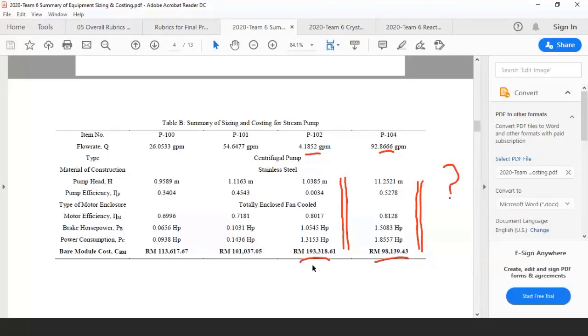Kenapa? Sebab dia punya pump efficiency tu yang P102 tu rendah. Jadi dia effect dia punya harga. So maksudnya pump 0.034 efficiency tu lagi sebab flow rate dia kan rendah. So efficiency tu lagi tak bagus ke lagi bagus tu? Tak bagus. So tak bagus lagi mahal.